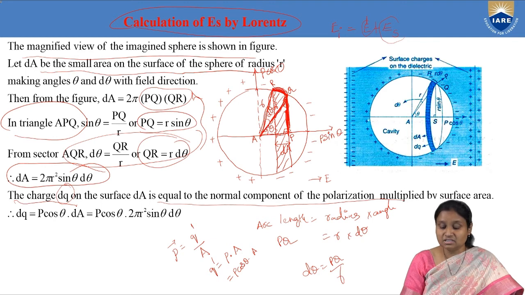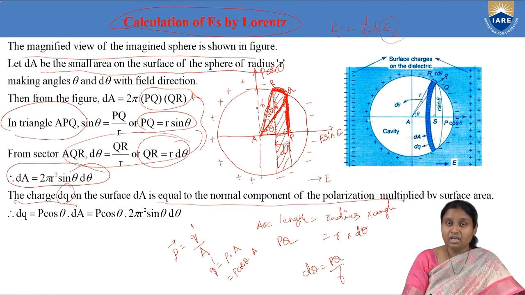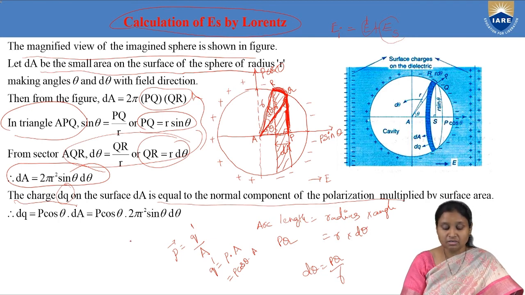Because its direction is along the field direction E, so theta is equal to 0. So the horizontal components cancel, and what we have is only the normal components. That's why in the case of polarization I am considering the normal component, which is given as P cos theta into the surface area of that small area selected, which is dA. And we have already taken the expression for dA. It comes out to be 2 pi r square sine theta d theta.